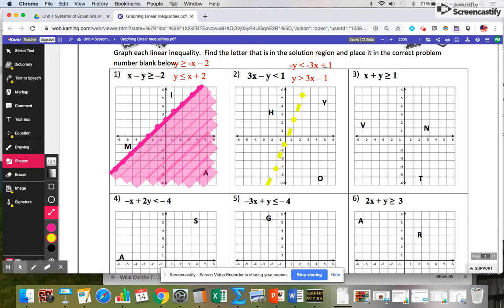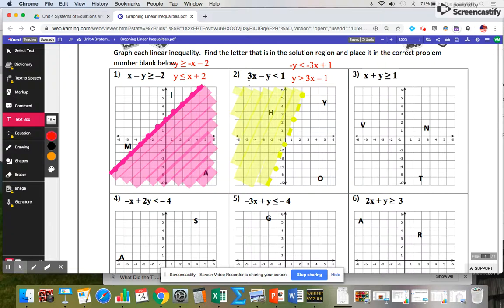Still on yellow. I want to shade above the boundary line because of the greater than. So I look at my y-intercept of -1. I want to go above there. So this is my solution region for my inequality. You'll notice that H is part of my solution region.